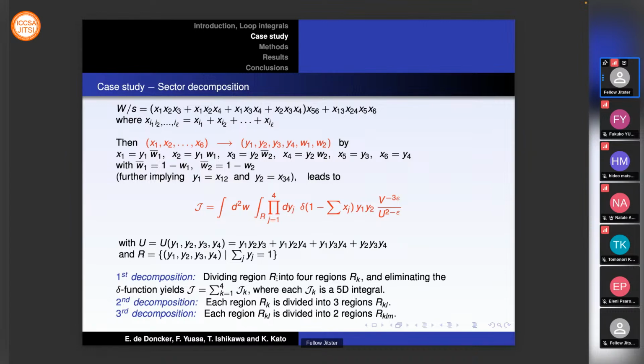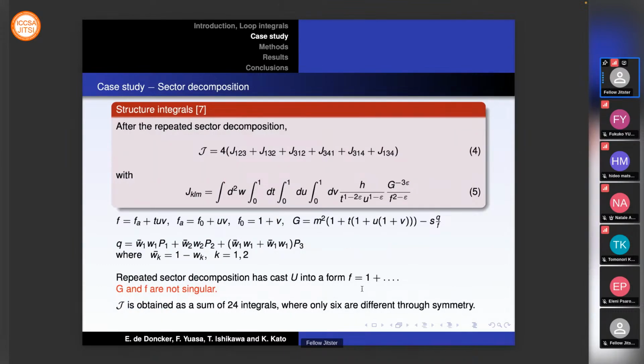The second phase divides each region Rk into 3 regions, Rkl, and the third decomposition divides each region Rkl into 2 regions, Rklm. So we end up with 24 subregions, giving rise to 24 integrals, of which 6 are different. So we have to compute these 6 integrals, the J integrals.